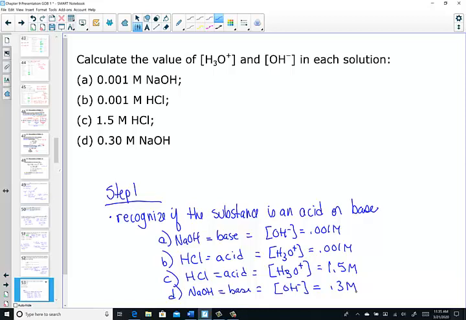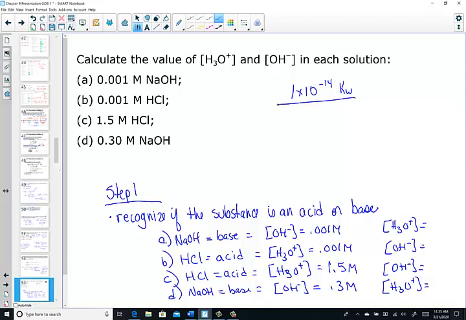So I have to recognize if it's an acid or a base, and therefore I can pull out the concentration of the next ion. So in letter A, we already know hydroxide. We can solve for hydronium. Letter B, we'll need to solve for the base ion. In letter C, we'll need the base ion. And in letter D, we'll need the acid ion. Each time you're going to begin by saying 1 times 10 to the negative 14th. That's your Kw. And you're going to divide it by the given quantity.